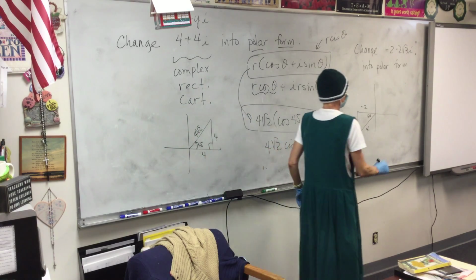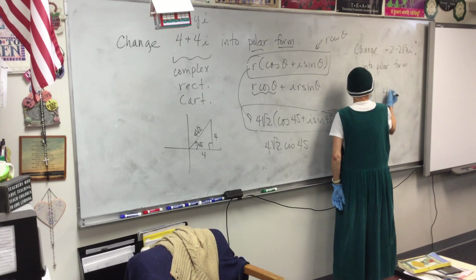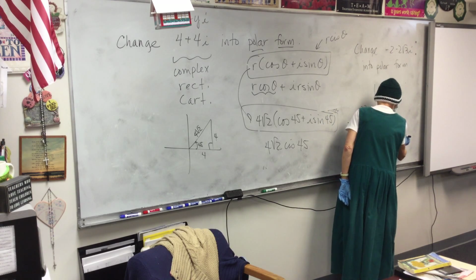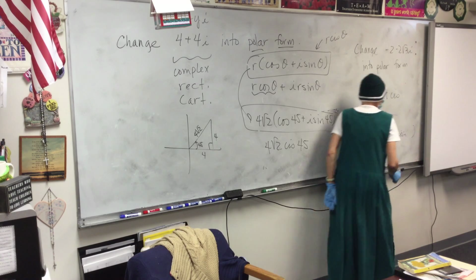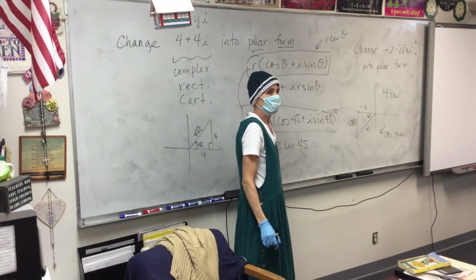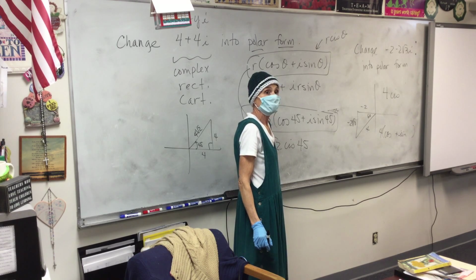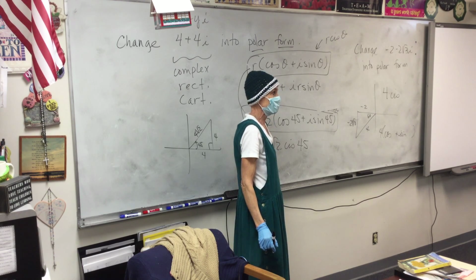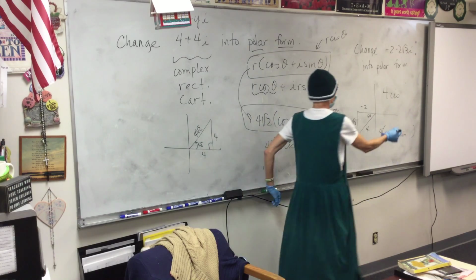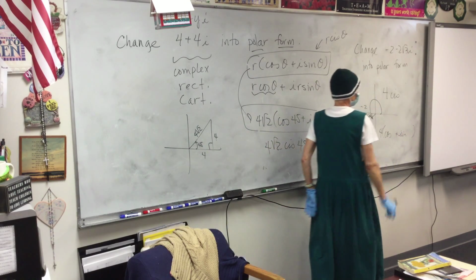So what is my polar form? Be very careful. 4 CIS, or 4 if I write out longhand. What is my angle? Be careful. Is it cosine 60? No, it's not 60. 30. There's theta.